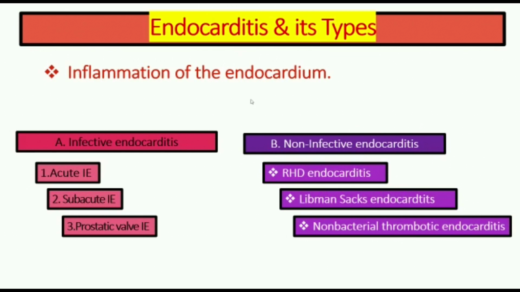Endocarditis, which is basically the inflammation of the endocardium, can be of two types: infective endocarditis and non-infective endocarditis. Infective endocarditis includes acute, subacute, or prosthetic valve endocarditis, and non-infective includes rheumatic heart disease endocarditis, Libman-Sacks endocarditis, and non-bacterial thrombotic endocarditis.